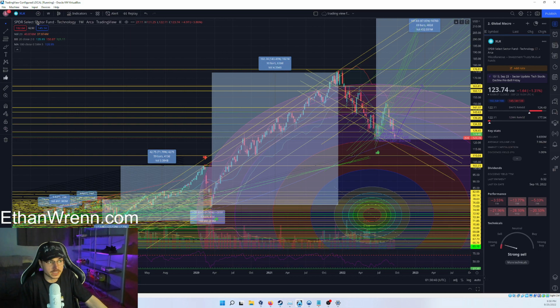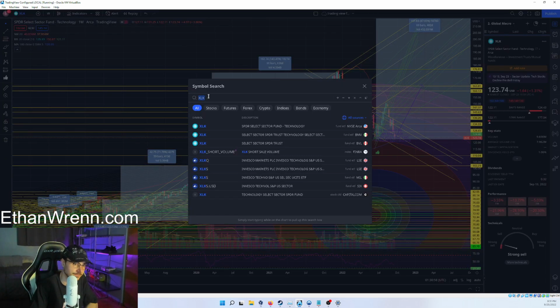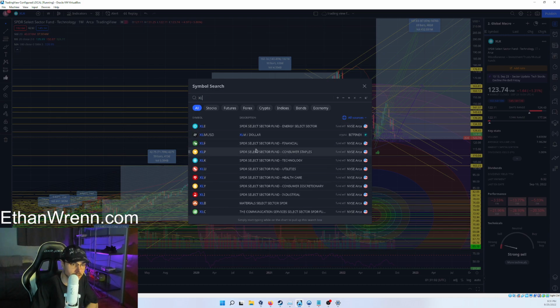XLY, XLK, XLB. A lot of them are represented by the symbol XL, and then followed by a modifier letter, right? So XL, sector, modifier letter would be K. If I just take the K off here, XL means U.S. sector.